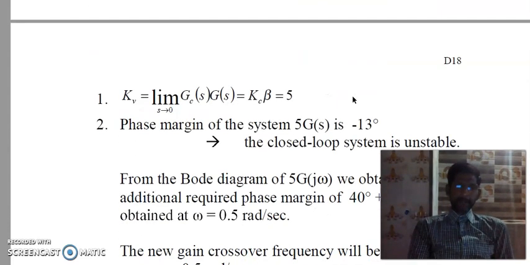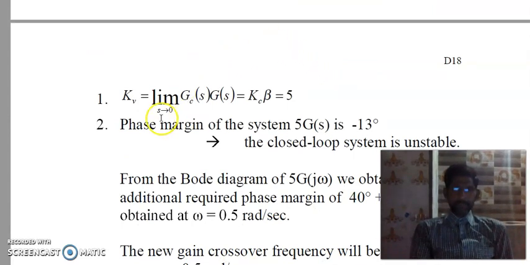Kv equals limit s tends to 0 of Gc of s G of s, which is Kc beta, equal to 5. The phase margin of the system 5 G of s is minus 13 degrees. The closed loop system is unstable.